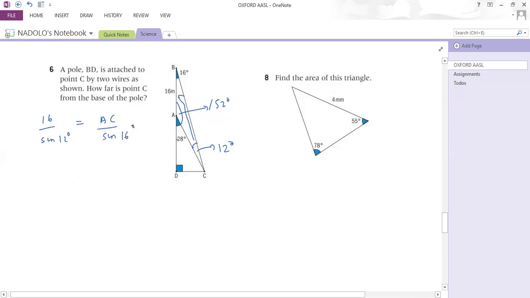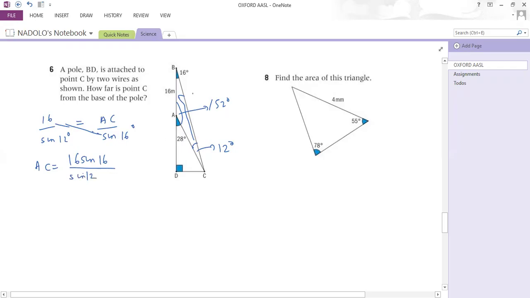So 16 degrees is the angle that faces side AC. We'll be able to get side AC by multiplying sine 16 to the other side. That will be 16 sine 16 divided by sine 12.